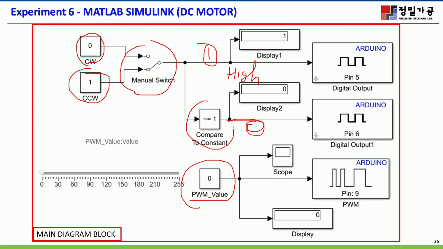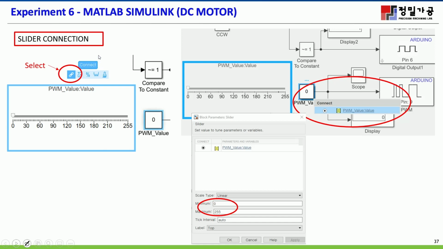You remember this one? This one is a NOT logic, so it just converts 1 to 0 or 0 to 1. There is nothing special in here. I think we can go next. Just a slider connection.